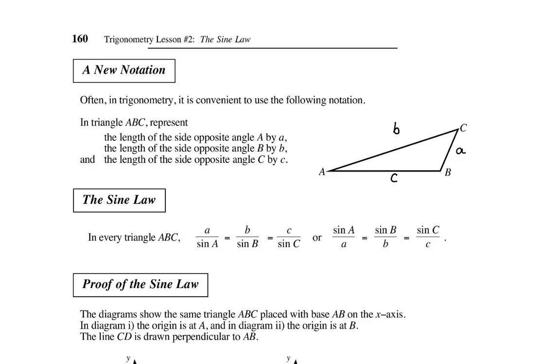Because the vertex will be on the opposite side. It's just a convention. That way, when you go to use this formula, everybody's on the same page. If everything's labeled properly, then I'm not going to make a mistake with using the formula.